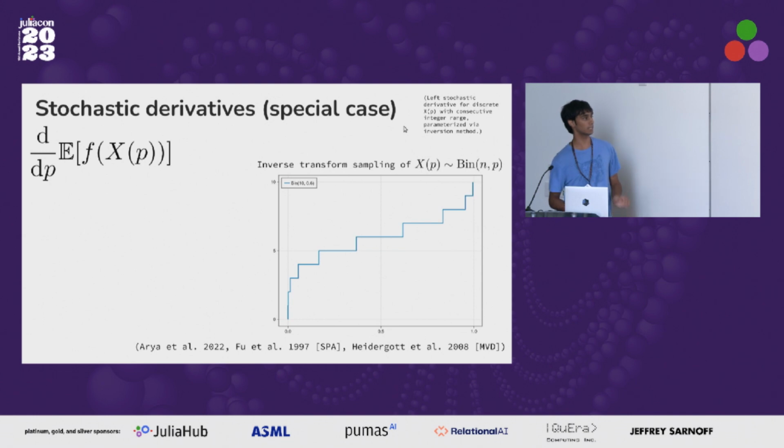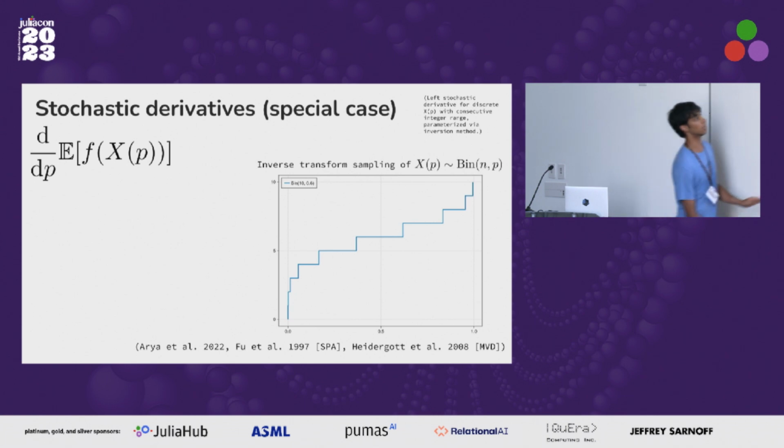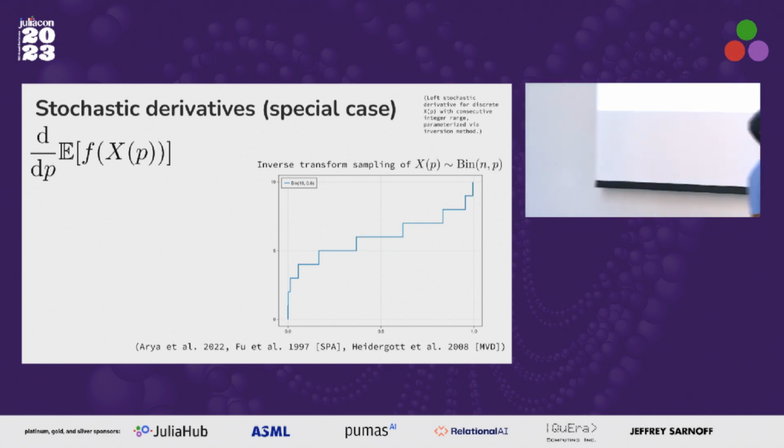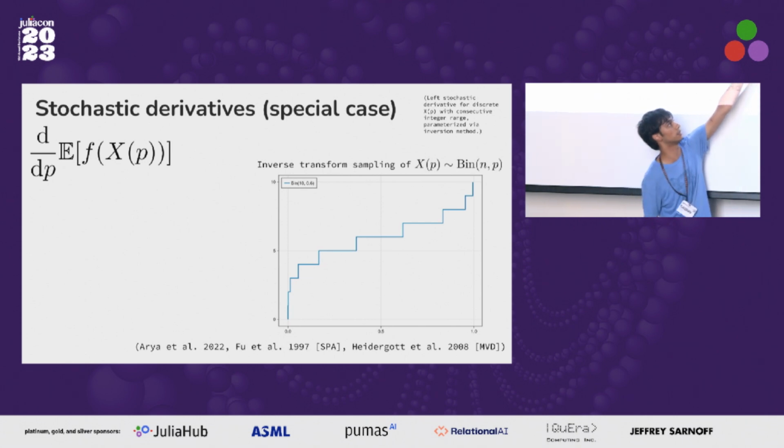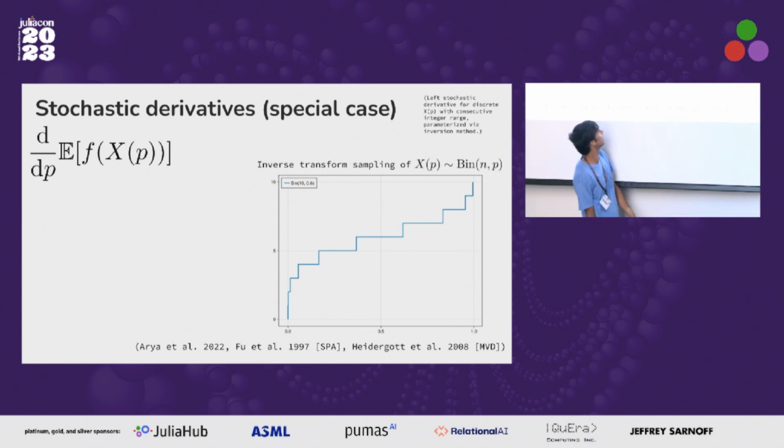Okay, now I just want one slide maybe motivating why we take this picture to the estimation of gradients of discrete random programs. So I'll go through this fast, and it's fine if not everything makes sense. Think of a random variable like a binomial random variable. This is a sum of n Bernoullis of each probability p.